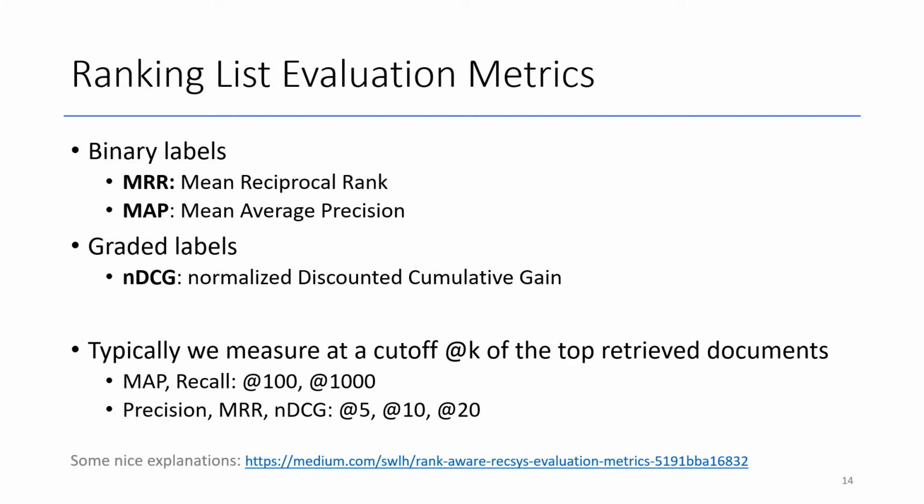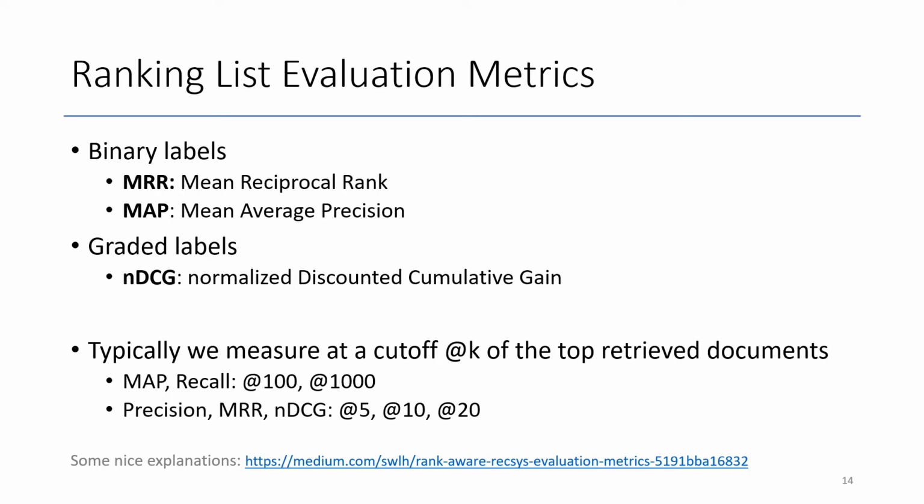So, going from precision and recall to more list-focused metrics, we're going to look at the mean reciprocal rank, MRR, the mean average precision, MAP, and the normalized discounted cumulative gain, nDCG.